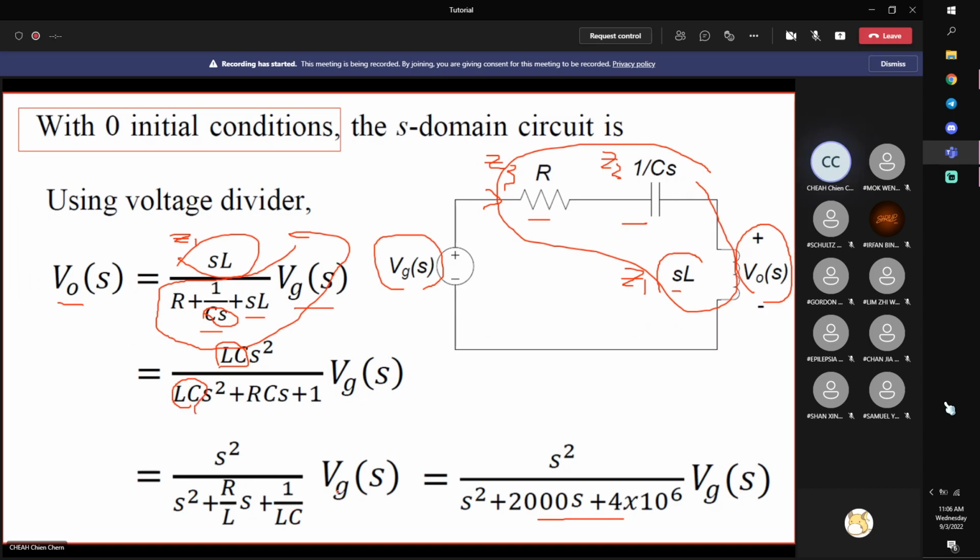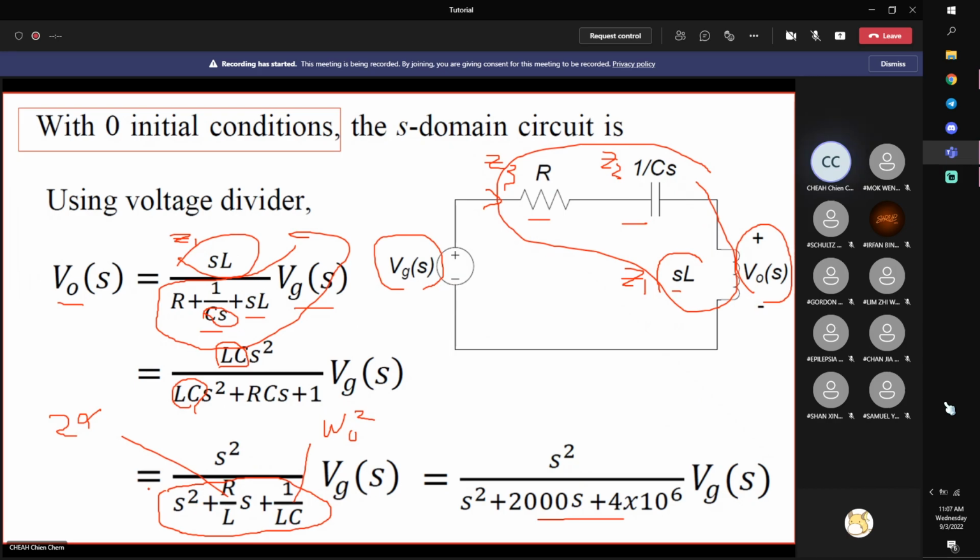Now, this part should remind you of something. Remember the characteristic equation of series RLC. This is your 2 alpha. This is your omega 0 squared. By doing this, you can see that you can get the formula that you need, very easily. In series RLC, add them.